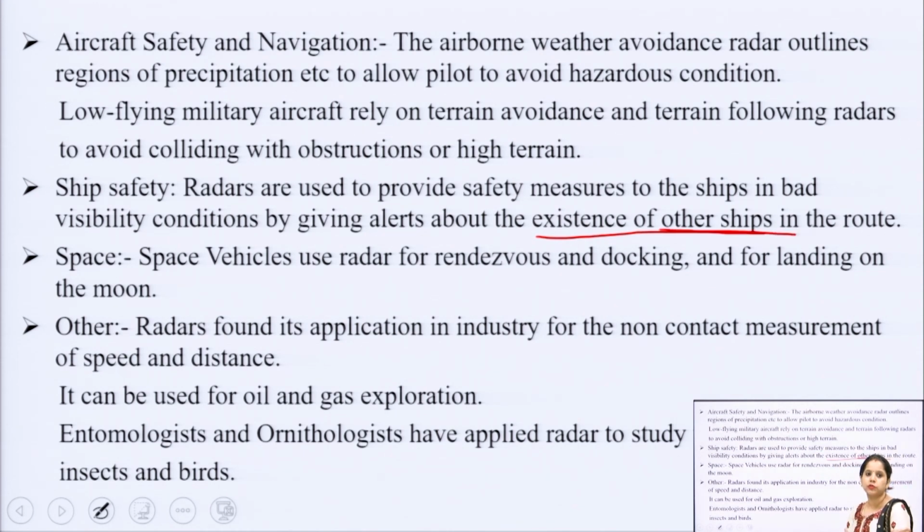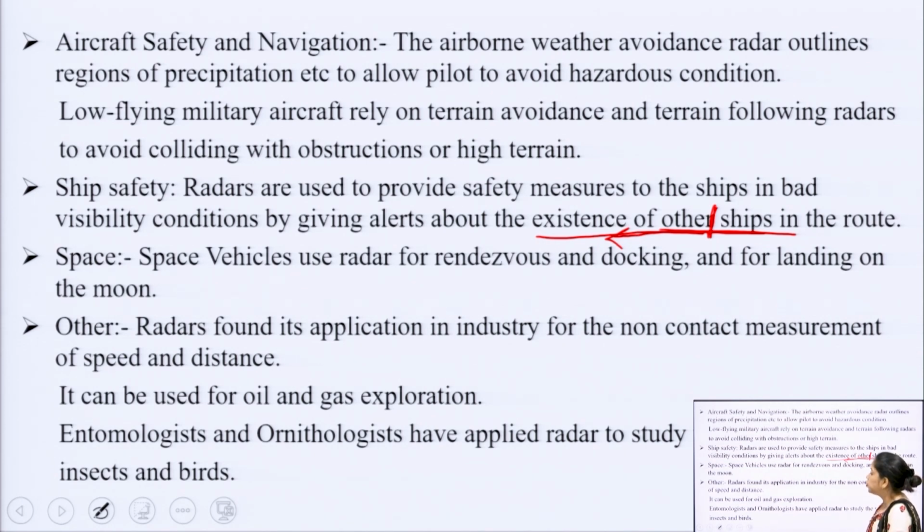If we transmit the signal with the help of radar, it gets obstructed by the other ship and it will reflect the signal, and this can be detected by the radar of the first ship, and the first ship will be able to find out that there is a ship in our path. In that case, it will act accordingly.